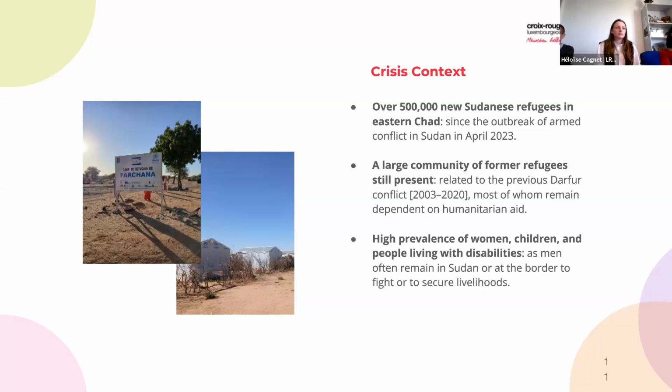There's a high prevalence of women and children, and also people living with disabilities, especially war-wounded men, because the majority of men, if possible, remain in Sudan or near the border to fight or to secure livelihoods for their own families. So often the percentage of women and children in these camps is almost 80%, which also impacts the type of building techniques and materials that we can resort to.